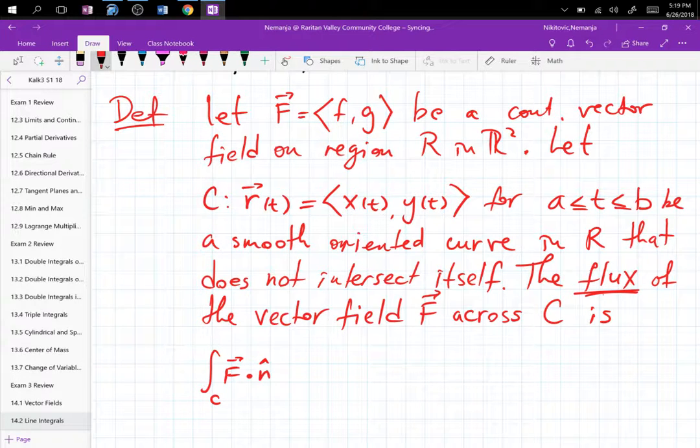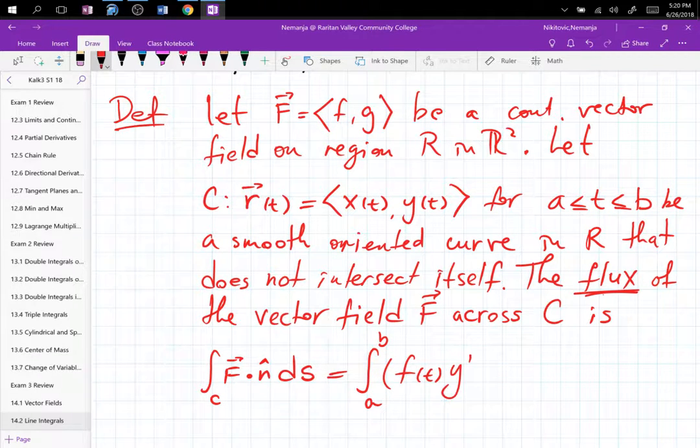Now that should make sense. We are using the normal vector because we want the stuff that is perpendicular and leaving the fan. Now we have to convert this and put it in a form that we can compute. So it's going to be the integral of f(t) y'(t) minus g(t) x'(t) dt.